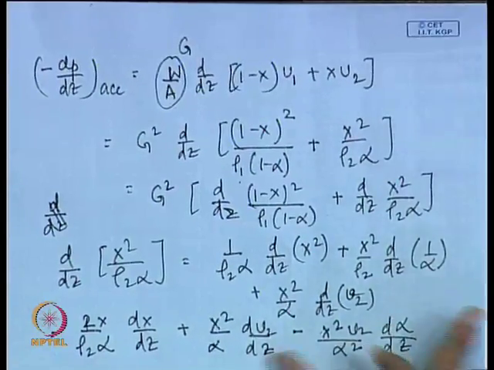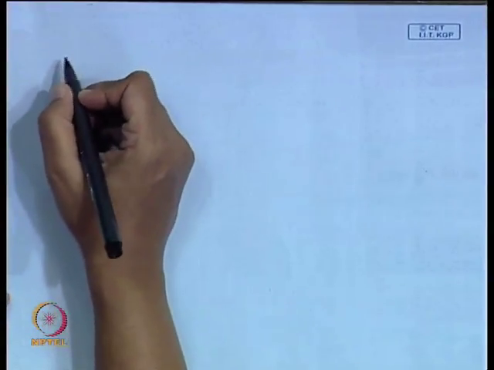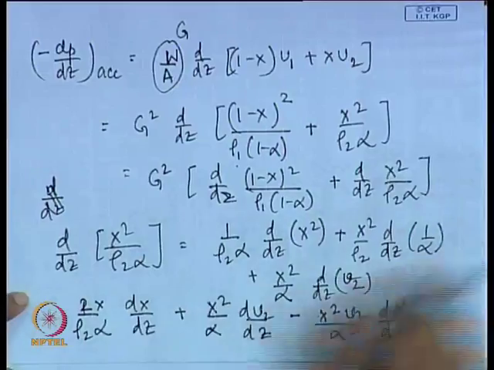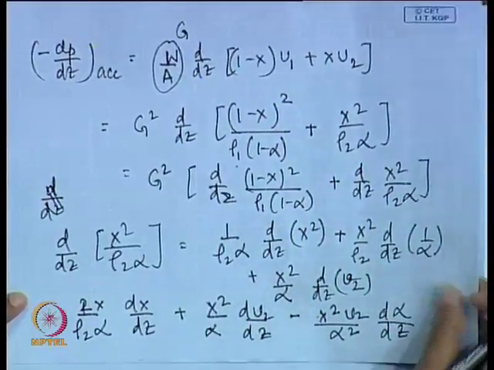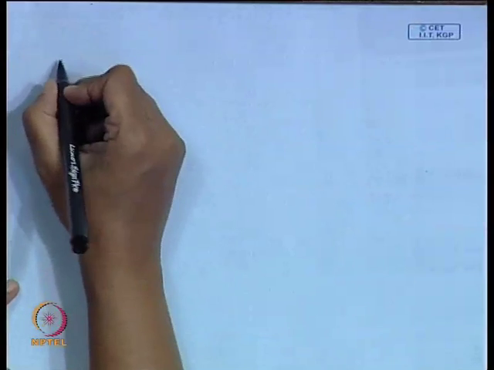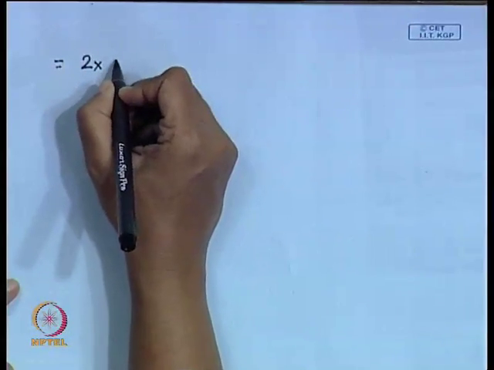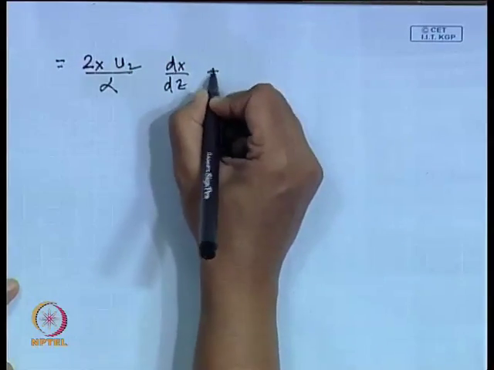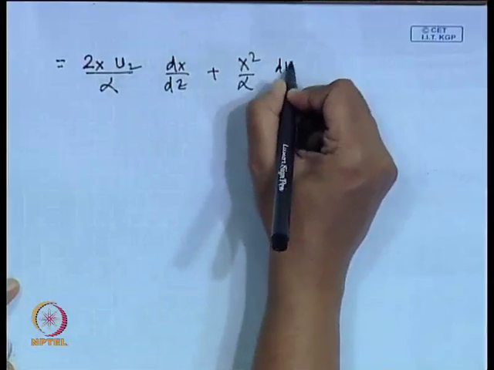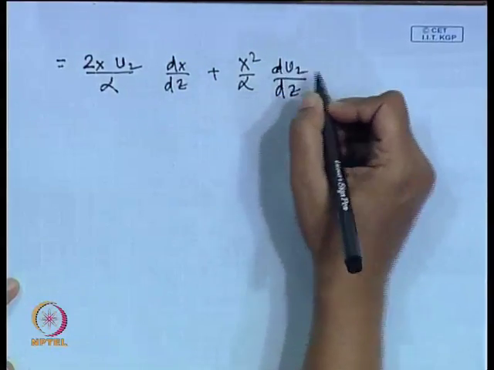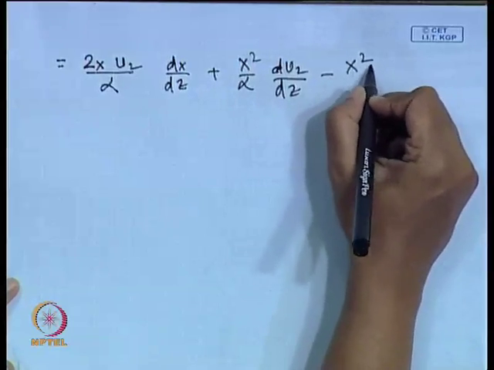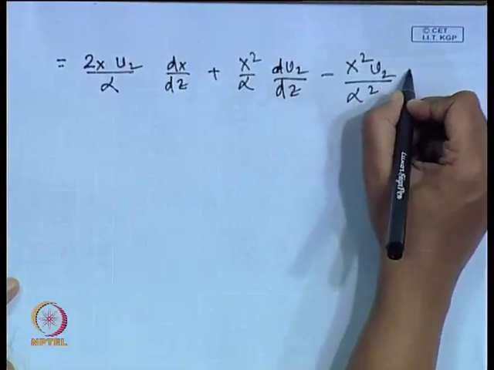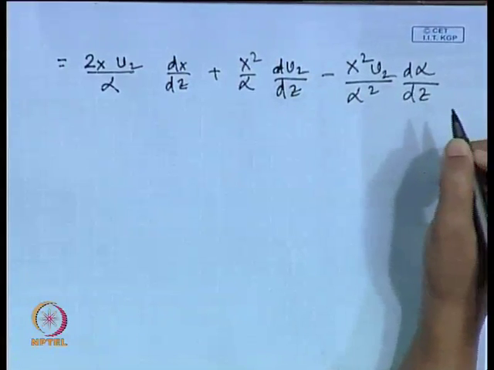Okay. So, now from here what do we get? If we transform everything into v 2, then this simply gives you 2x v 2 by alpha dx dz plus x square by alpha dv 2 dz minus x square v 2 by alpha square d alpha dz.